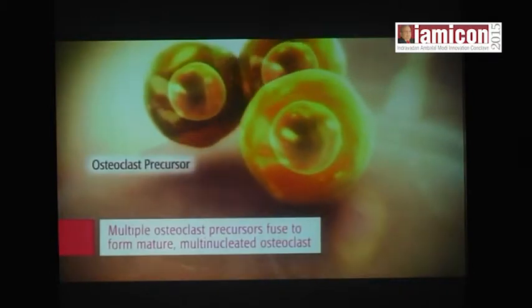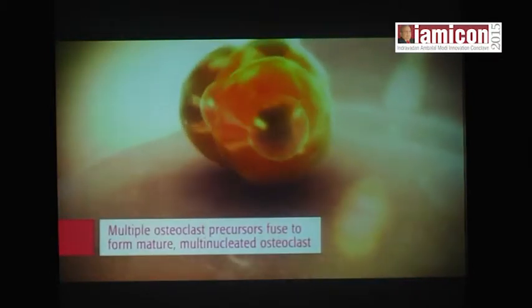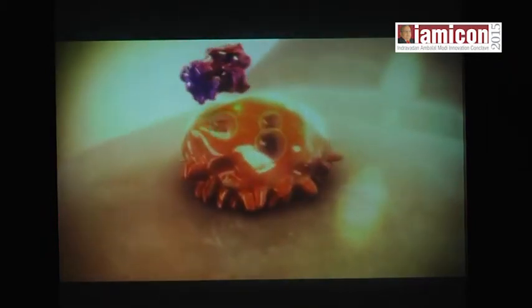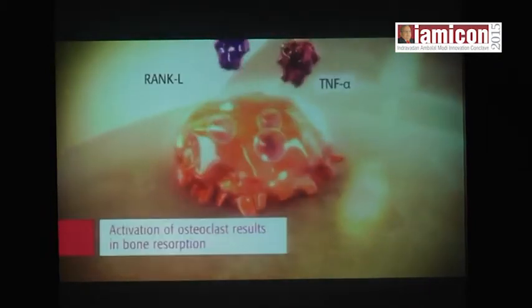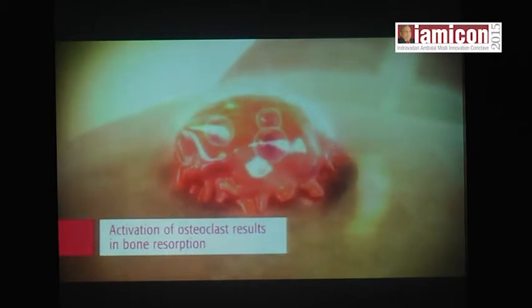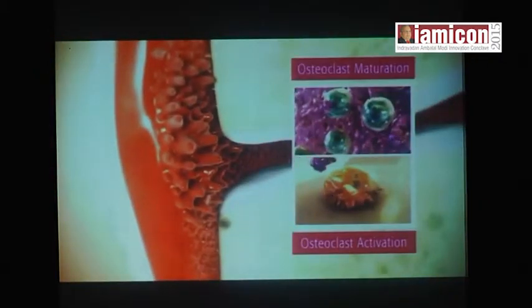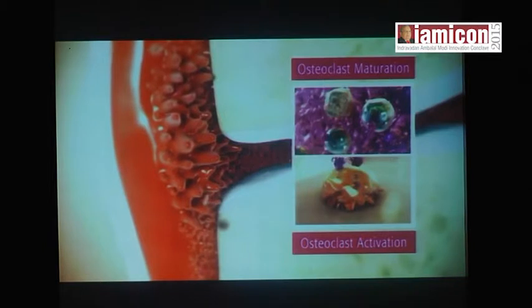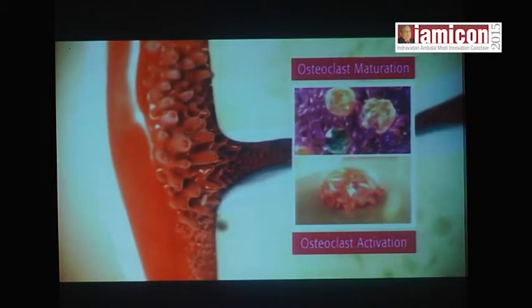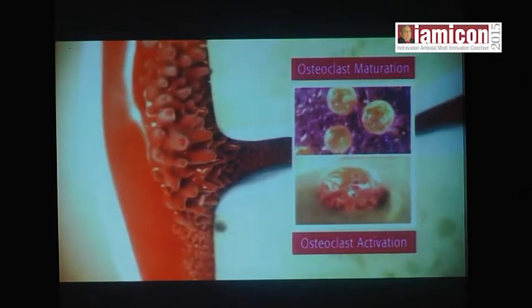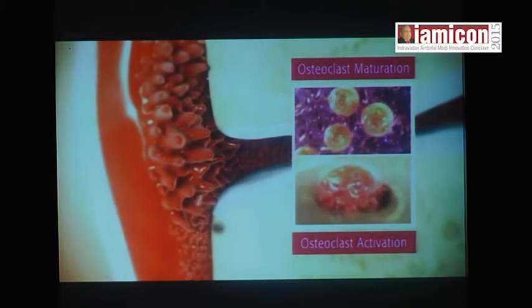At inflamed joints, in the presence of macrophage colony stimulating factor, TNF-alpha, and RANK ligand, osteoclast precursors differentiate into mature osteoclasts, resulting in bone resorption. Thus, the direct and indirect effects of TNF-alpha on osteoclast maturation and activation culminate in focal bone erosions and irreversible joint damage.